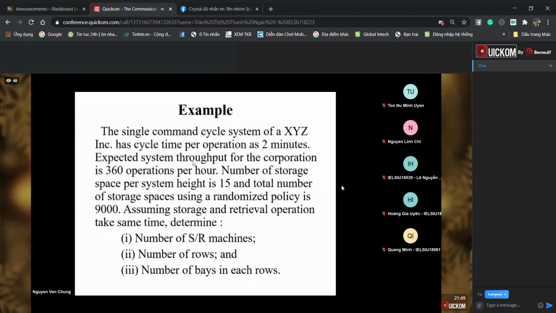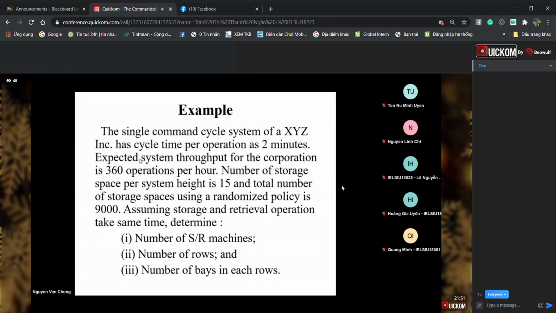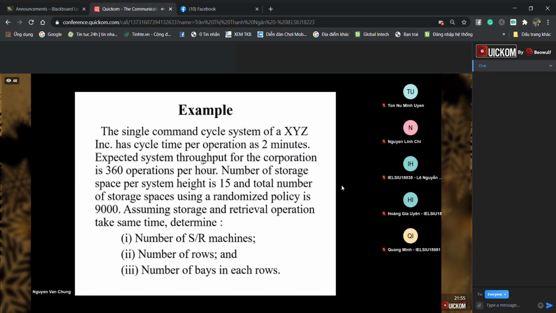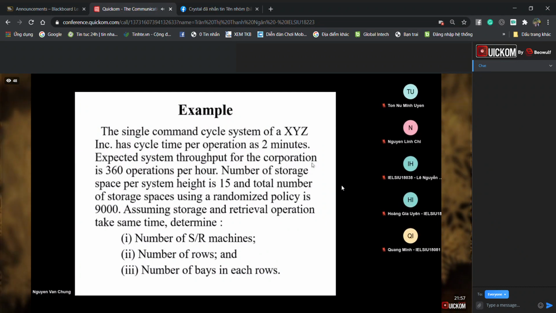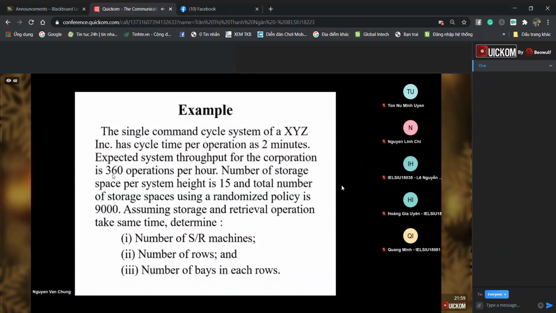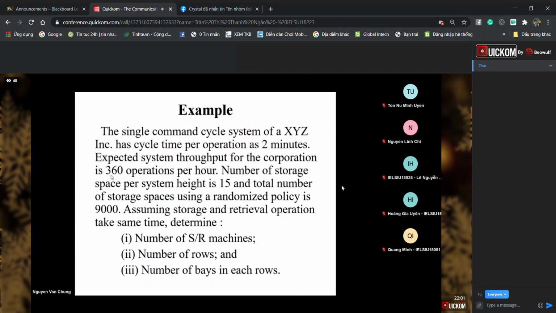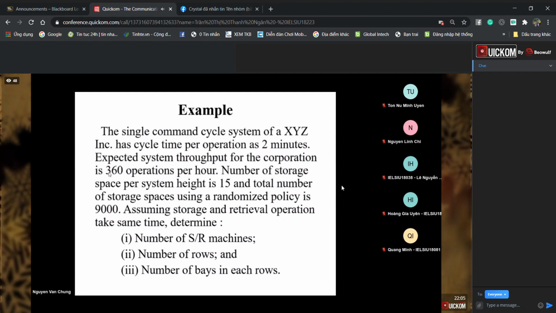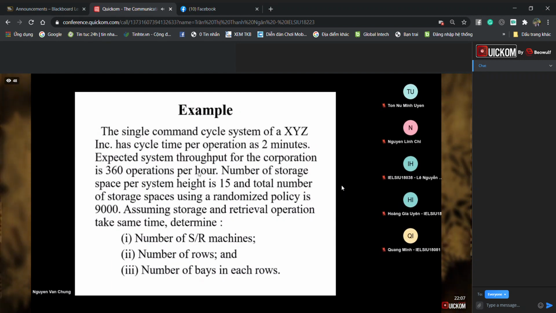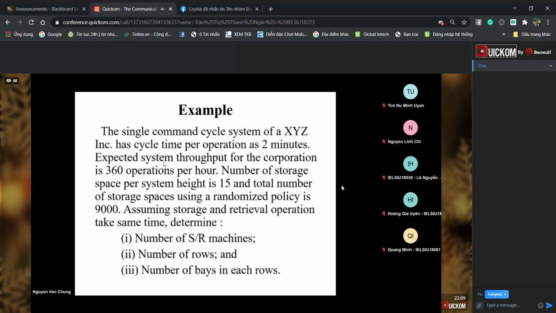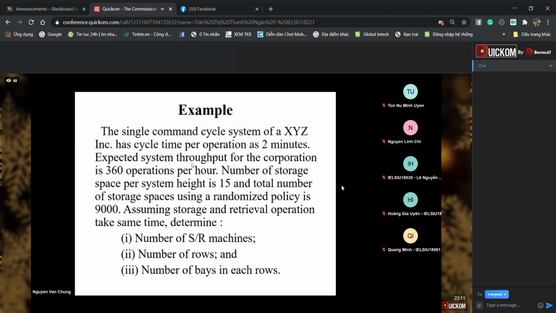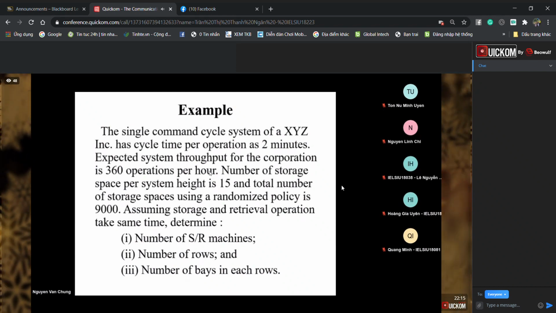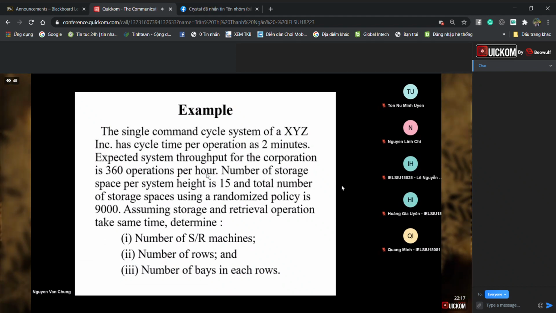Expected system throughput for the global corporation is 360 operations per hour. So you have system throughput, hourly.